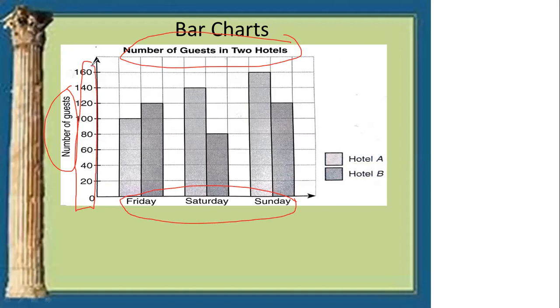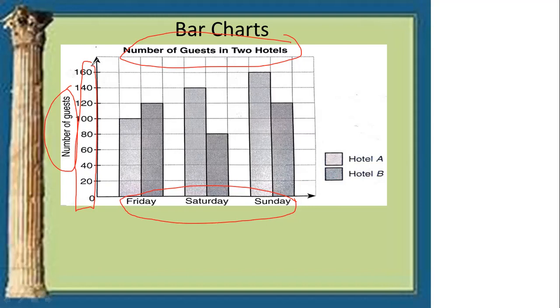When you are to create a bar chart, if you use the scale of 20, then 20 should be the scale in all, so that your interval is uniform. So 0, 20, 40, 60, 80, 100, and so on.